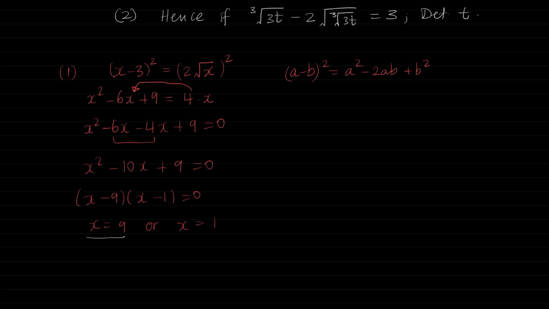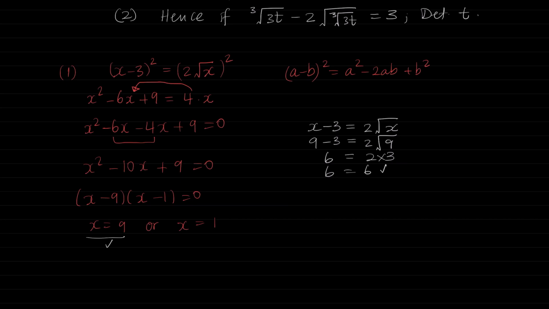The original question was x minus 3 equals 2 square root x. If x is 9, 9 minus 3 should equal 2 times the square root of 9. 9 minus 3 is 6. That's equal to 2 times the square root of 9, which is 3. So 6 equals 6. So we know that 9 is valid.